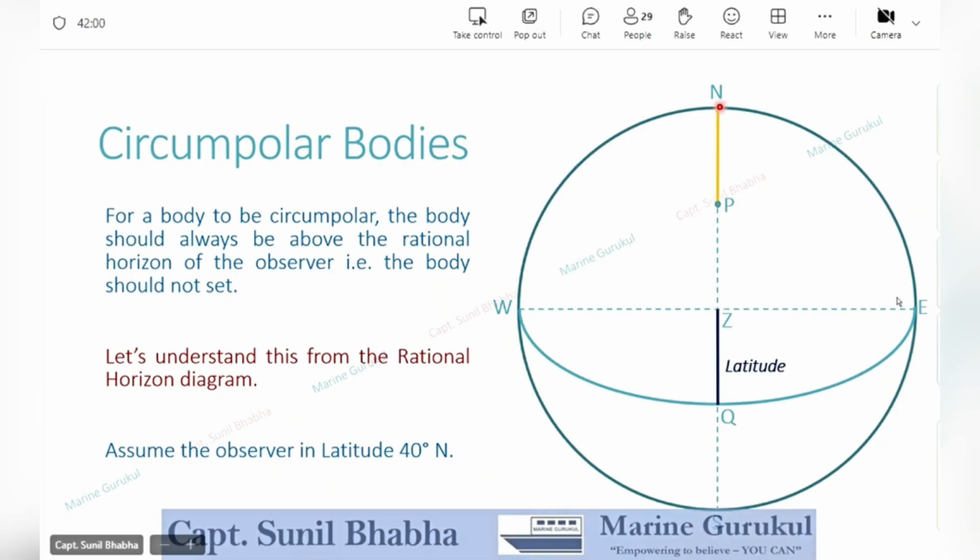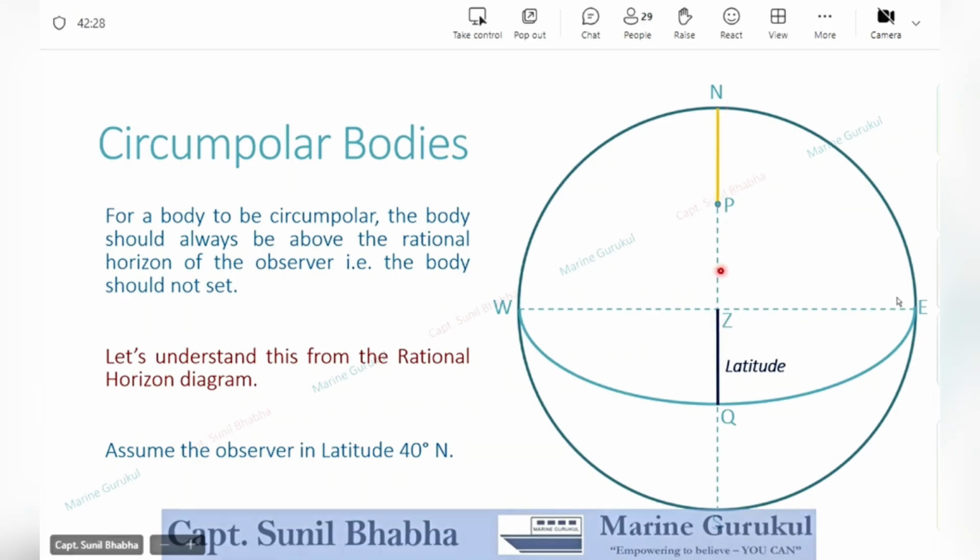Now, the N point is 90 degrees away from the Z point, from the zenith, because every point on the rational horizon is 90 degrees away from the zenith of the observer. Similarly, the P point, which represents the pole, is 90 degrees away from Q point, which is the equinoctial. So P to Q is 90 degrees, that is pole to equinoctial.